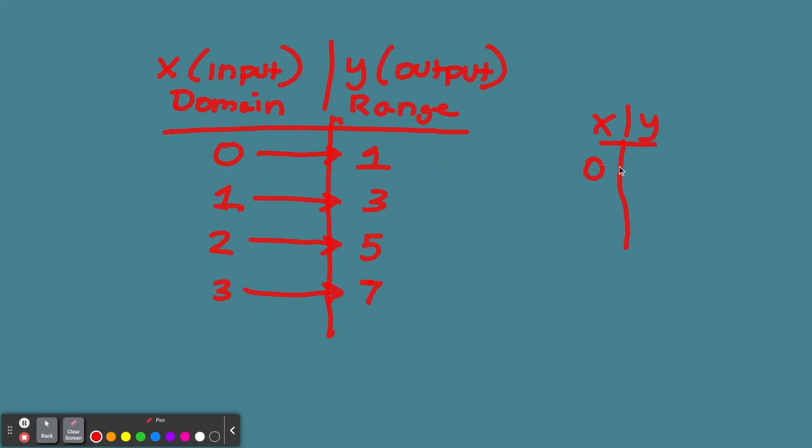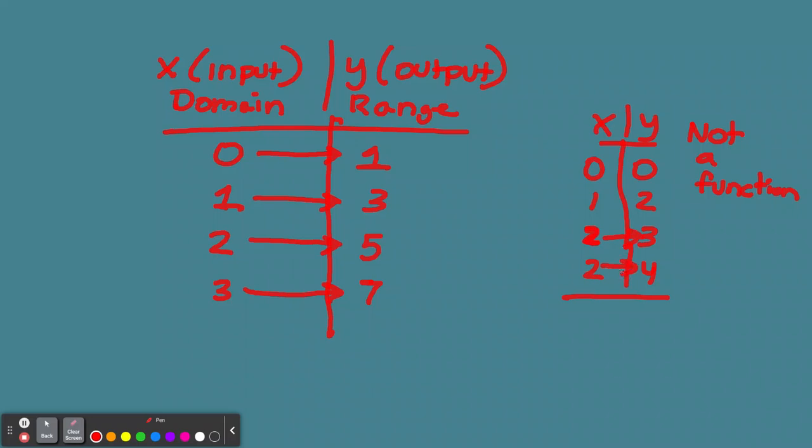If you saw something like this, let's say you saw (0, 0), (1, 2), and (2, 3), and let's say another (2, 4), well, this is not a function. It's not a function because if we look at the x, 2 has different y's. Can't have that.